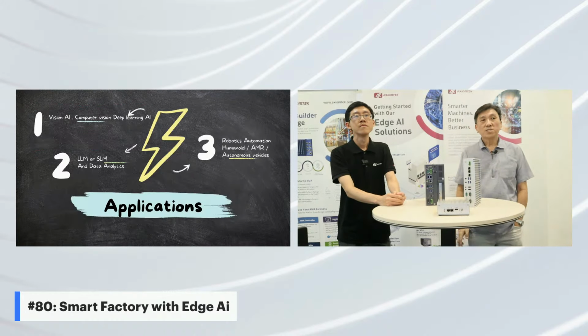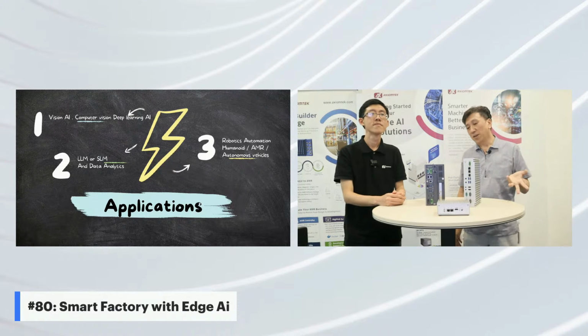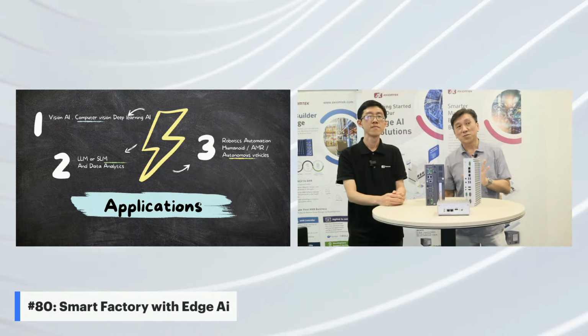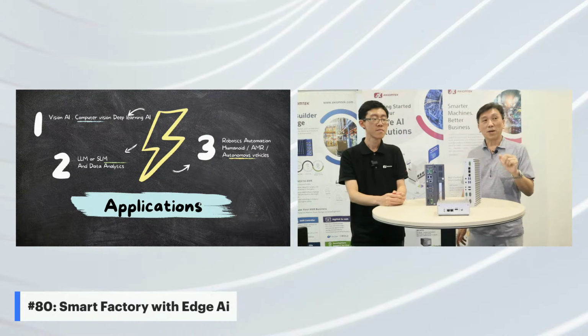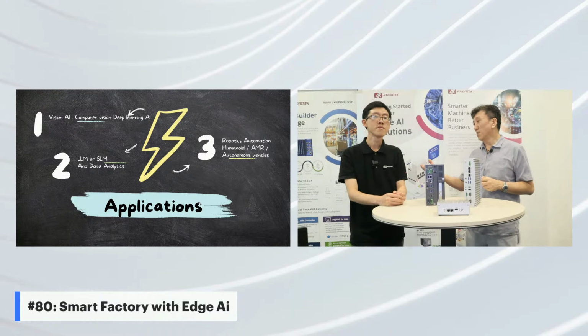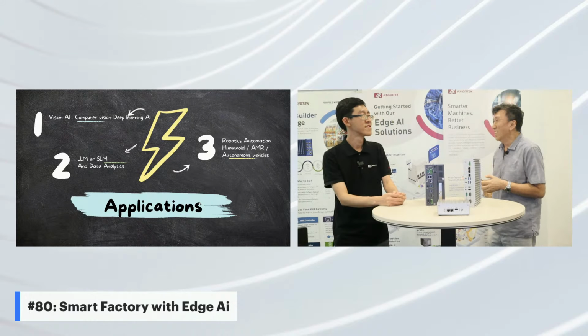This is going to be more about applications of Edge AI, as you know: vision, computer vision, deep learning AI. On both platforms, Jetson or Intel, you are able to do this very well and handle many applications. LLM is one of them, or yesterday we talked about SLM, the small language model.